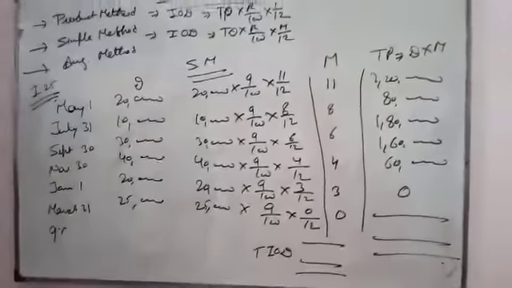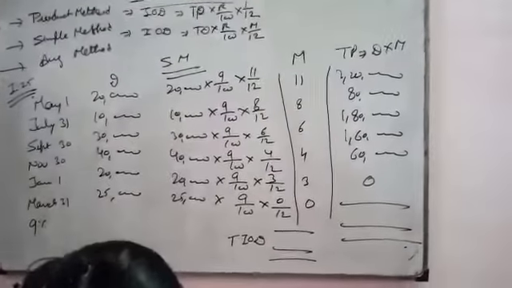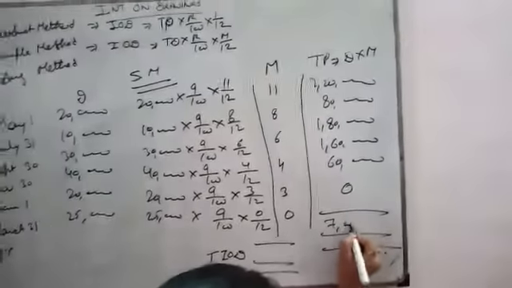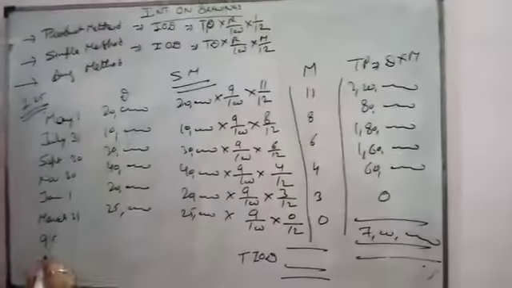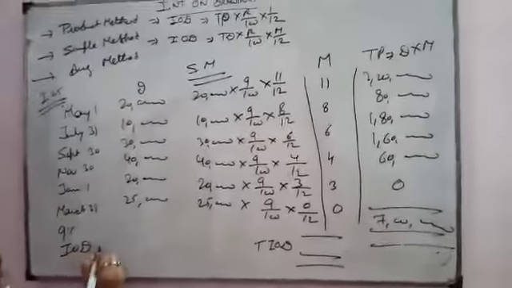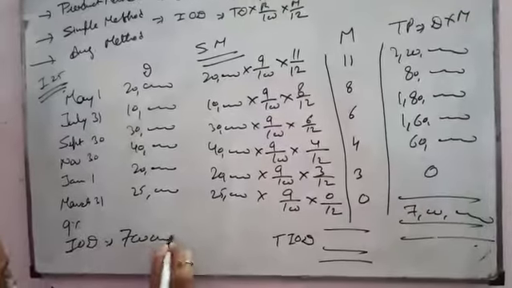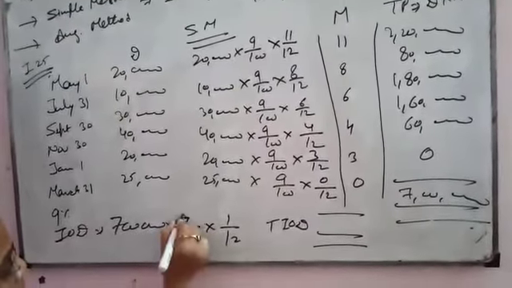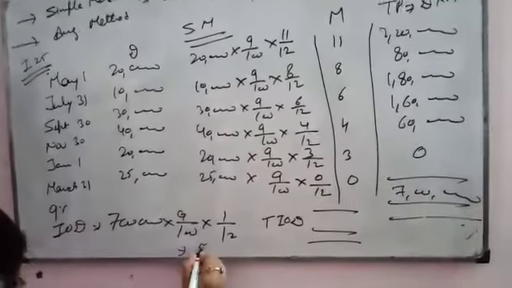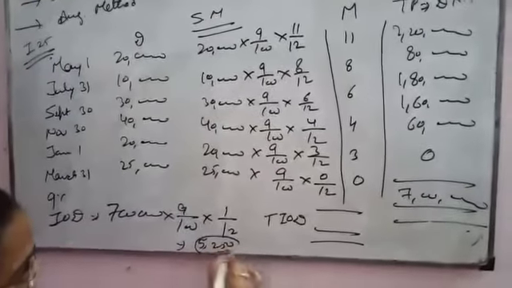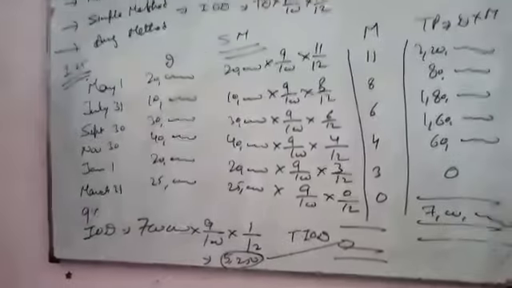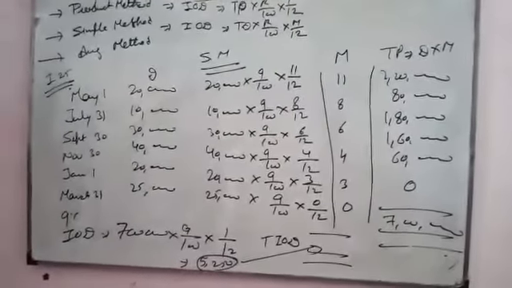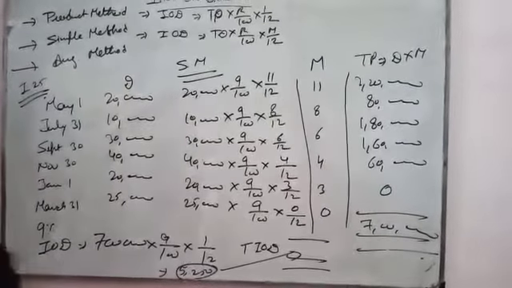So here the total product is 7 lakh. And according to the total product method, interest on drawing is equal to total product into rate by 100 into 1 by 12. So we will get the answer 5,250, which is equal to the earlier answer. So whichever method we follow, the answer will be the same.